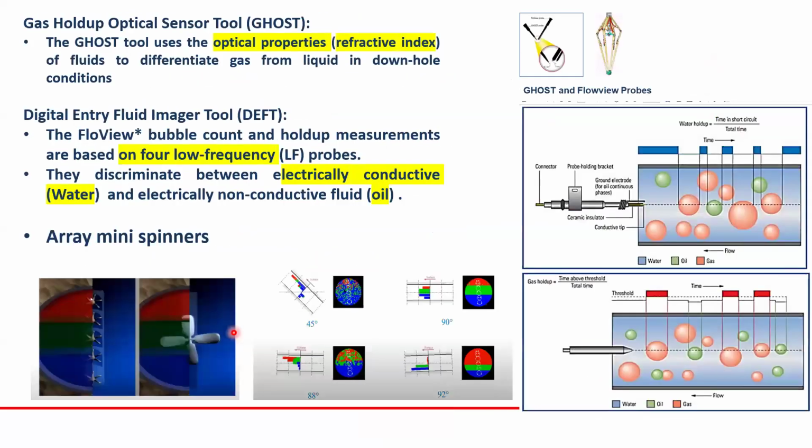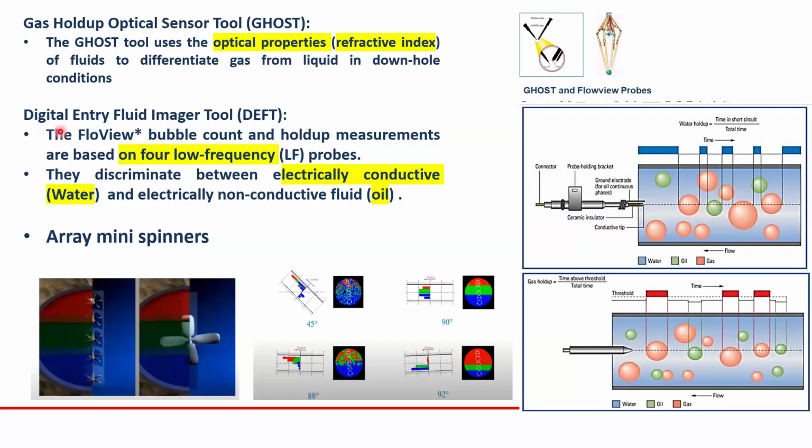What is the gas hold up optical sensor? The gas hold up optical sensor is just a probe that makes a bubble count, and optically it can measure the refractive index. So it can differentiate gas from liquid. It makes a bubble count: where is the gas, where is the liquid. This is the gas hold up optical sensor.